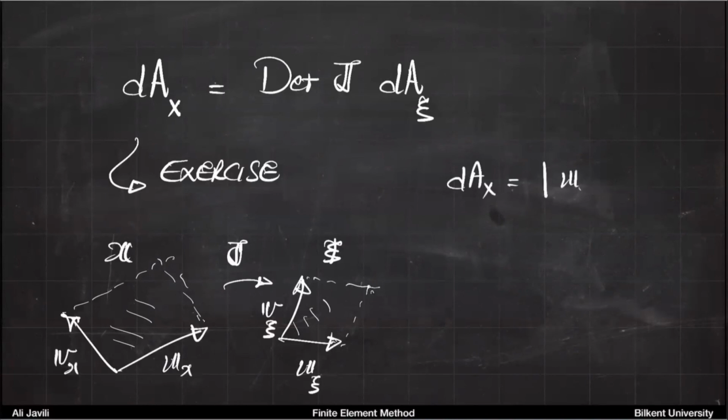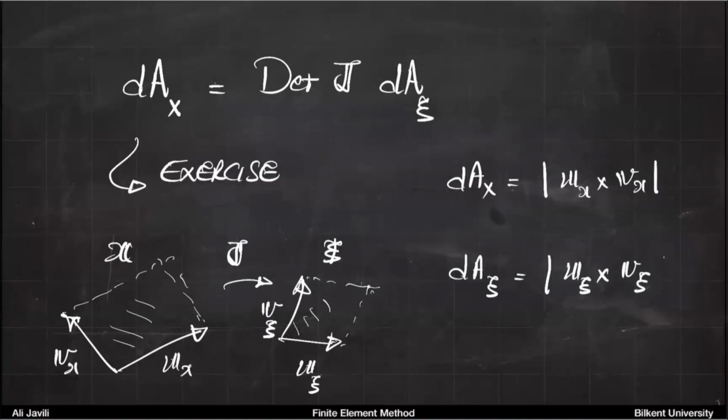So you can just say it's Ux times Vx, and then in the natural space you would have the norm of Uc cross product Vc. And then if you do this, you get that determinant, okay?